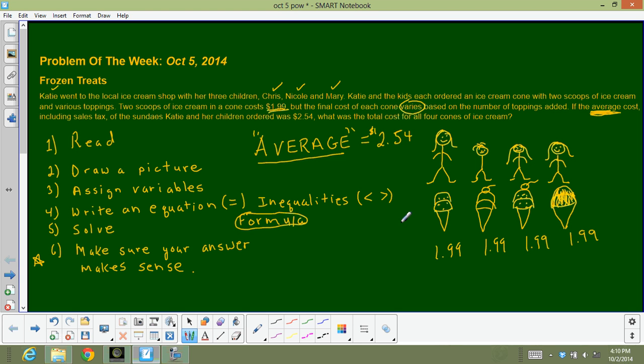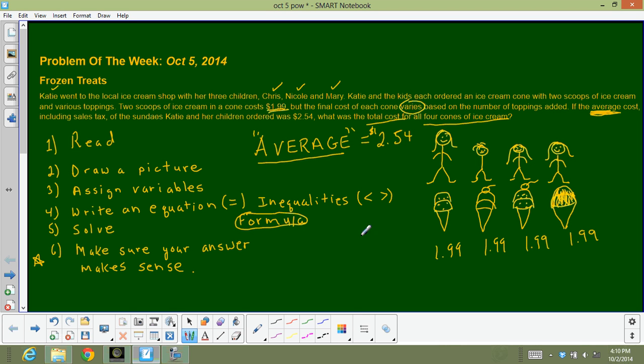All right. What was the total cost of all four cones of ice cream? All right. So again, a couple ideas here. The bare cone, $1.99. But then when you start adding toppings, that's going to add money to it, right? So then the average cost ends up being $2.54.